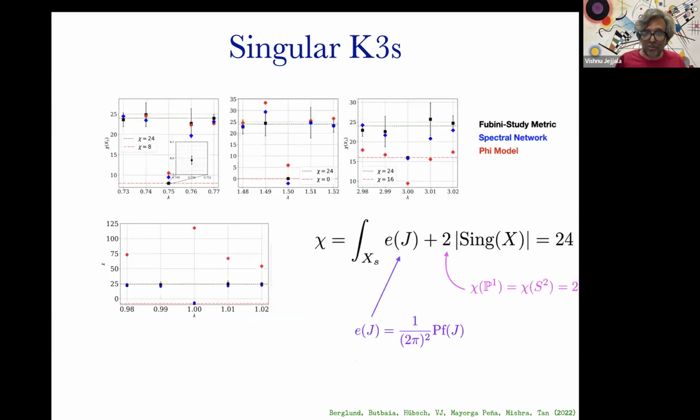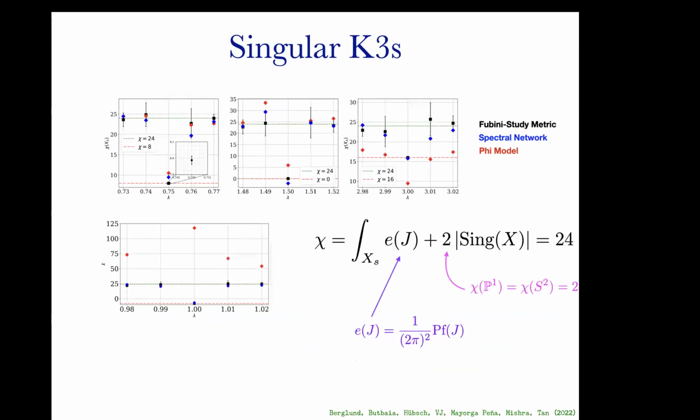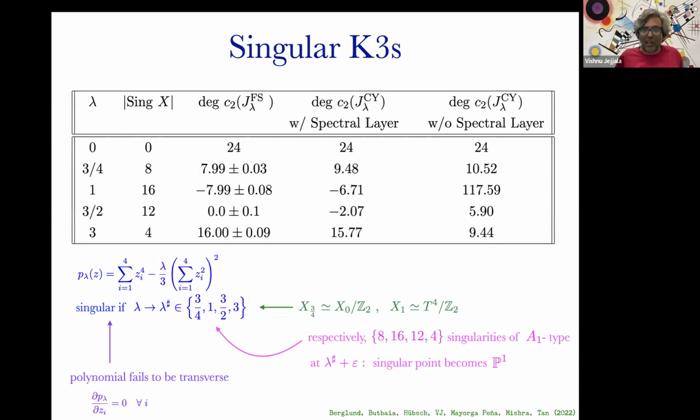At the singularity, you get a metric. You take the metric, you compute the Euler density, you integrate the Euler density based on that metric you've computed, and you should recover the Euler character.